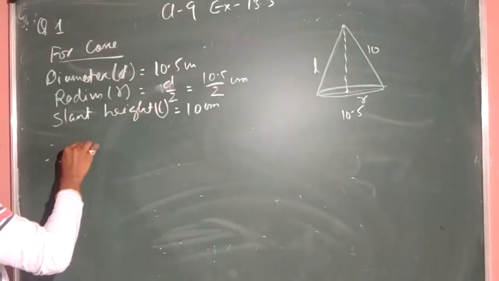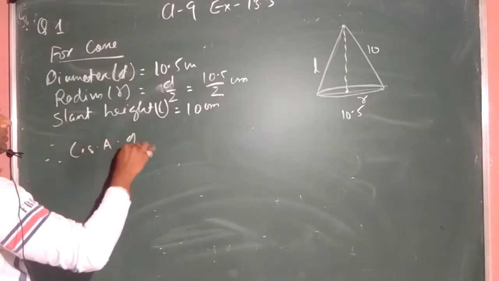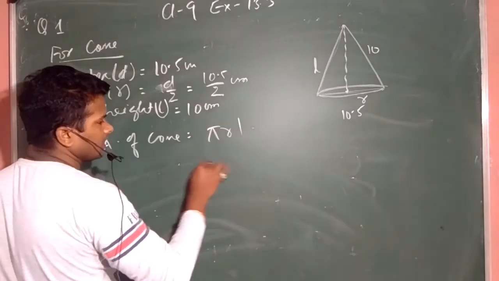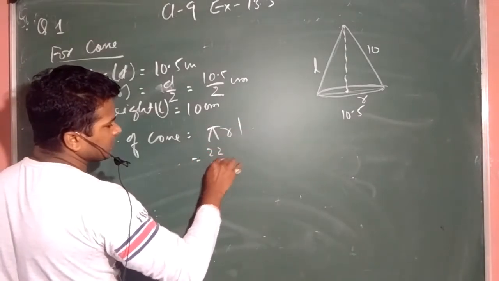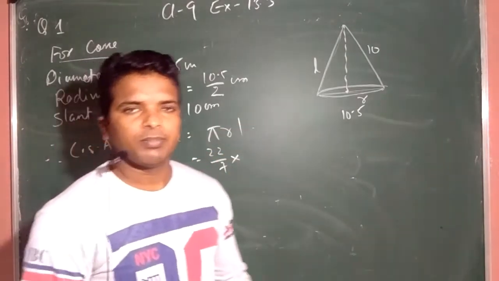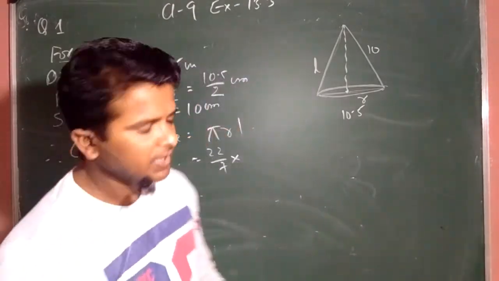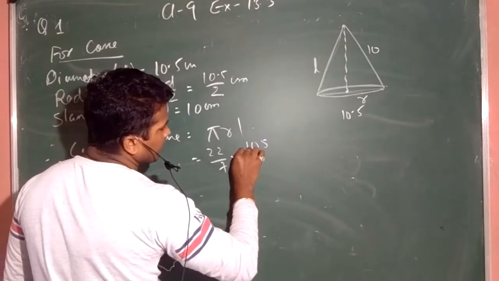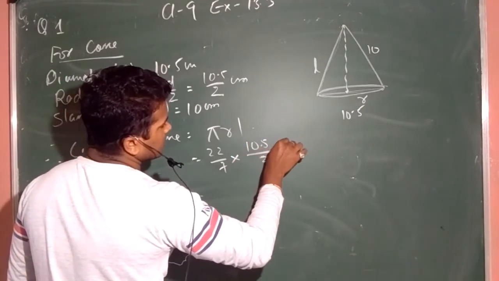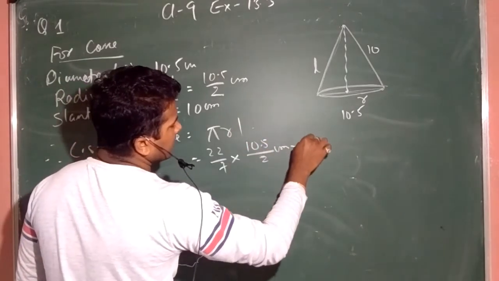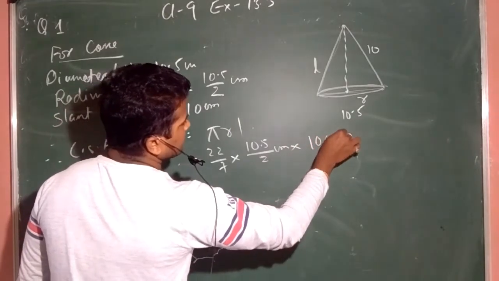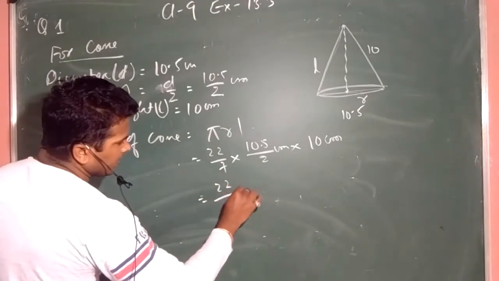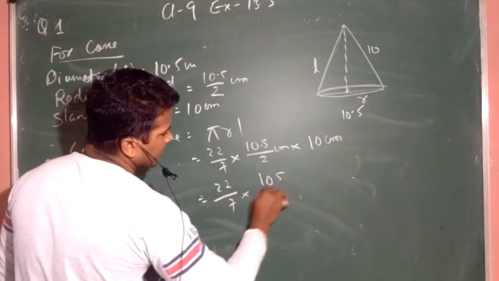Therefore, the curved surface area of the cone. The formula is pi RL. Pi is 22 by 7, as you know from before, R is 10.5 by 2 centimeters, and the slant height is 10 centimeters. So 22 by 7 into 10.5 by 2 into 10.